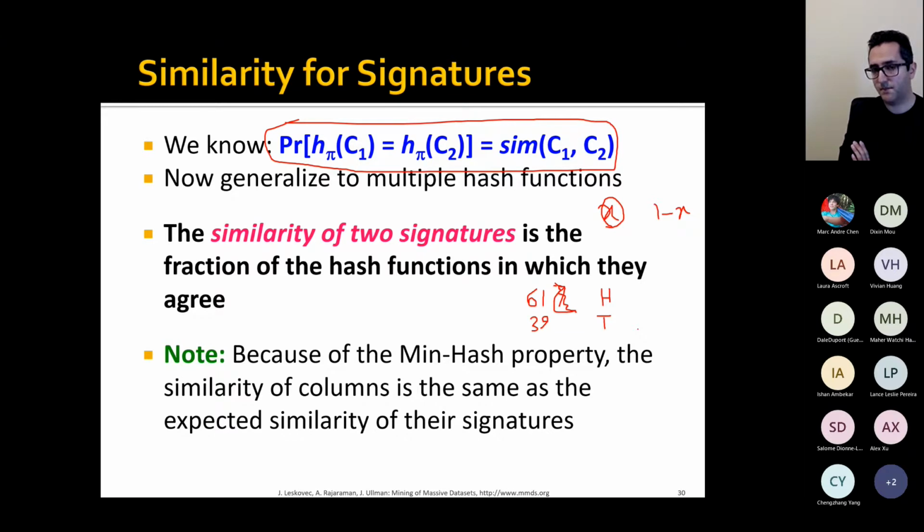From this experiment, if I ask you, what is the probability of seeing heads when we flip the coin? What is your answer? What is the probability of seeing heads when we flip a coin?